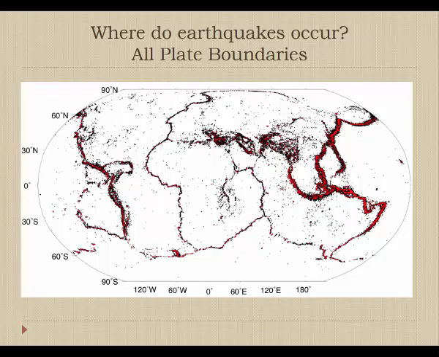But you can also see that there are earthquakes that occur on the interior of plates as well, and there's a variety of reasons why we might have faults or different volcanic activity, hotspots, and other things in the interior of plates that could initiate earthquakes as well.